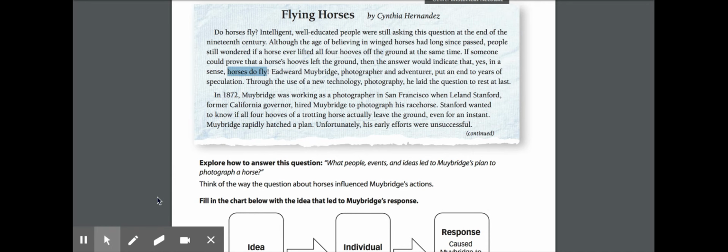That he's going to put an end to. So the idea would be, can horses fly? The individual who was starting the invention was Edward Muybridge, which then the how for what he invented caused him to photograph Stanford's horse, right?